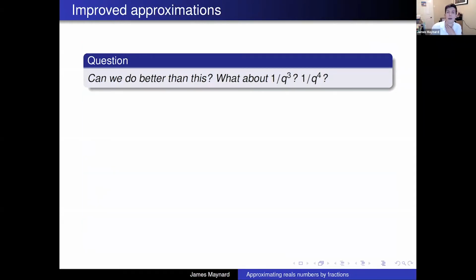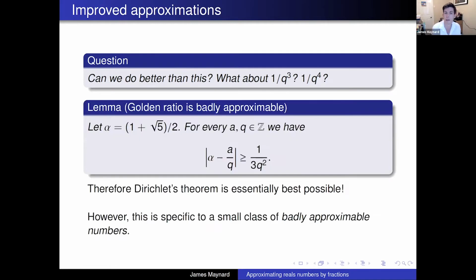So let's first consider the first question about better rational approximations. Unfortunately, it's a famous result that there are numbers where you can't do better than Dirichlet's theorem. In some sense, the hardest approximable number is the golden ratio, (1 plus √5) over 2. For every pair of integers a and q, the distance from the golden ratio to a over q must be at least some constant over q squared.